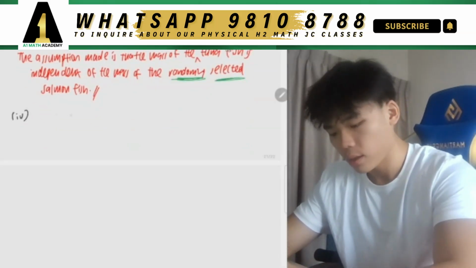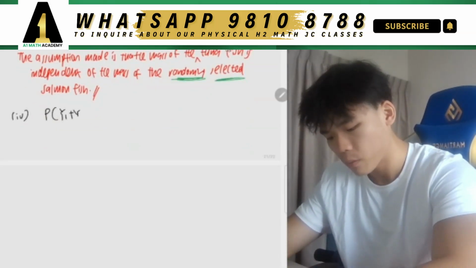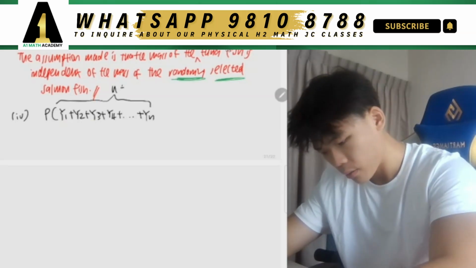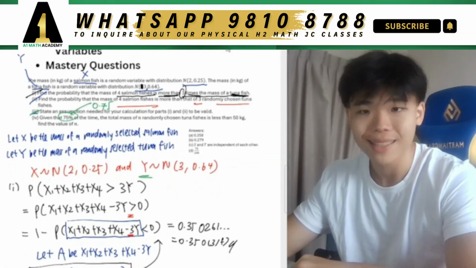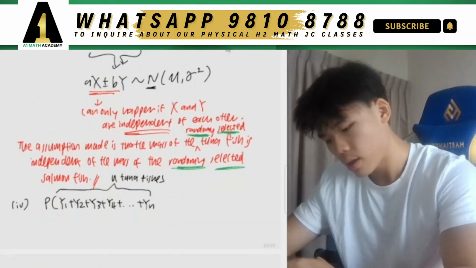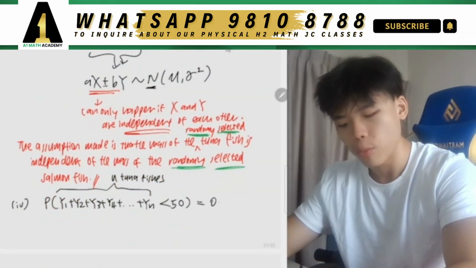So we are saying that the probability of n tuna fishes, so I have y1, y2, y3, y4 plus dot dot dot plus yn, right? Over here I have n tuna fishes. So the probability of n tuna fishes having a mass less than 50 kg is 0.75.